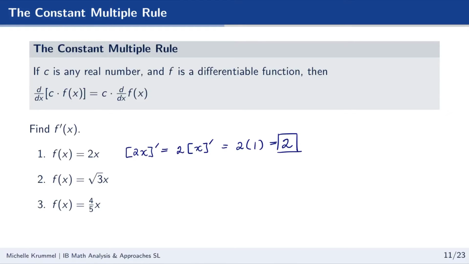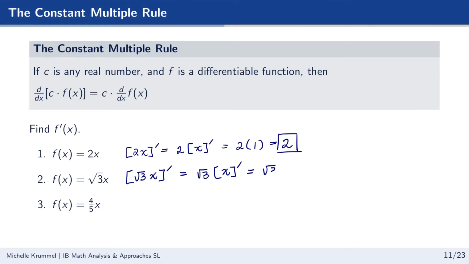Number 2, f of x equals the square root of 3 times x. So the derivative of the square root of 3 times x, the square root of 3 is a constant multiple. So I can bring that outside, and it's going to be a constant multiple times the derivative of x. The derivative of x is 1.